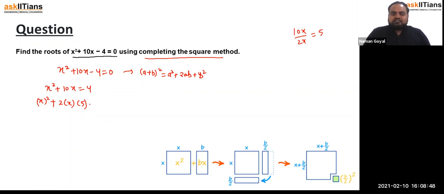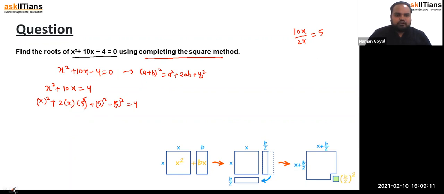So the next step is what? 2, 5 and x. 10x is there and 10x is there. So the number which comes here is taken as b. So we have to add b square also. So b square means 5 square comes here. Now we have to add 5 square on the other side also. Okay. So it gives 4 plus 25.